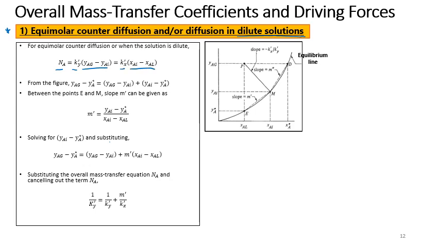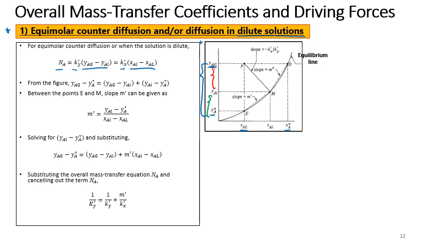So if you look at this graph here, we say that if you know YAG and XAL, then you can get the YA star and XA star from the equilibrium line. From the figure here, you can see that YAG minus YA star, this distance here, is equal to YAG minus YAI, the distance here, plus the distance here, YAI minus YA star.